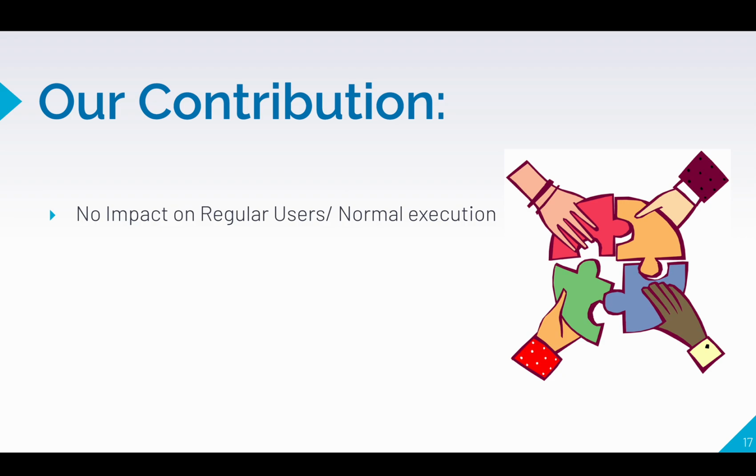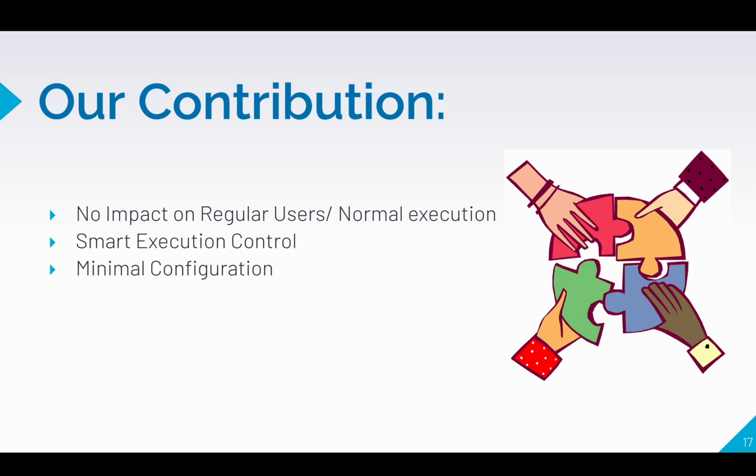Our solution targets fuzzing attempts, ensuring that the regular user experience has no noticeable delay or performance degradation. Second, smart execution control. We use dynamic execution monitoring to only delay fuzzing attempts when abnormal behavior is detected. This ensures smooth performance for legitimate users.